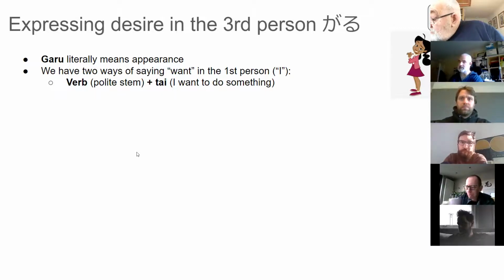And then this is basically an e adjective, isn't it? So to make a formal sentence, we have to say ikitai desu. If you want to say I don't want to go, how would you say I don't want to go?